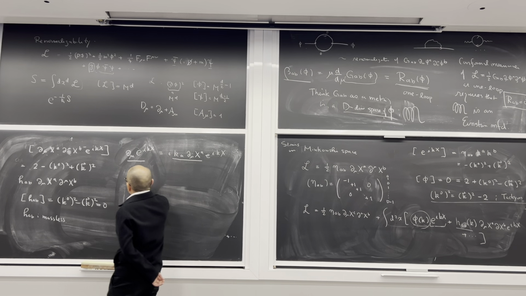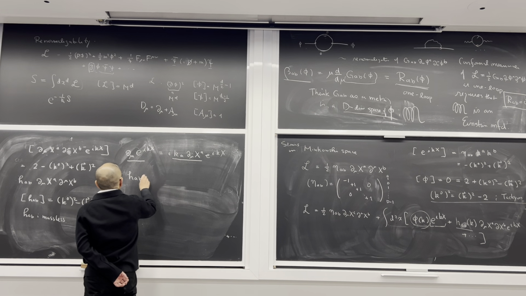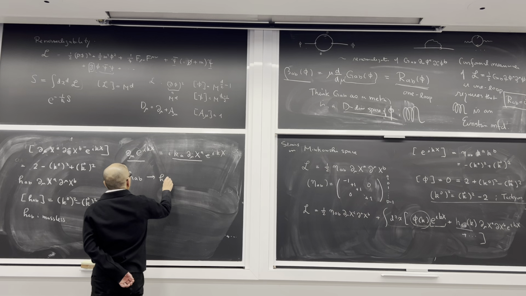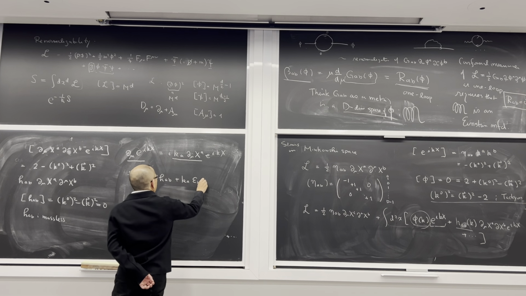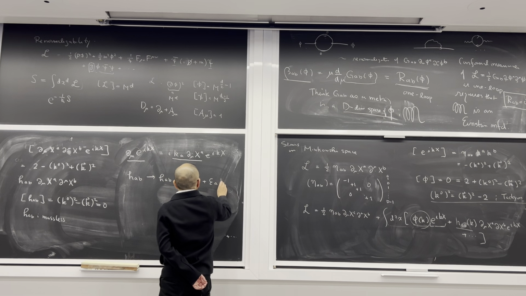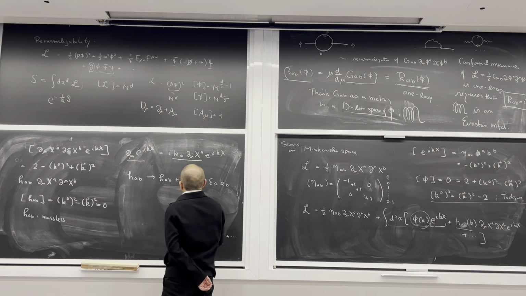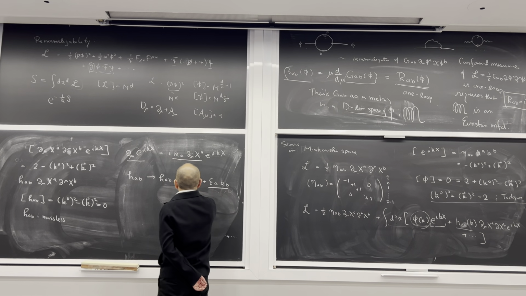So that means that if you change HAB by HAB plus Ka epsilon b plus epsilon a kb, then these are actually trivial deformations.